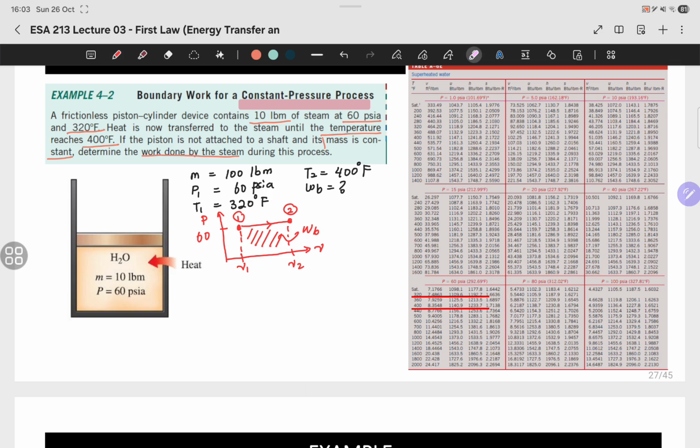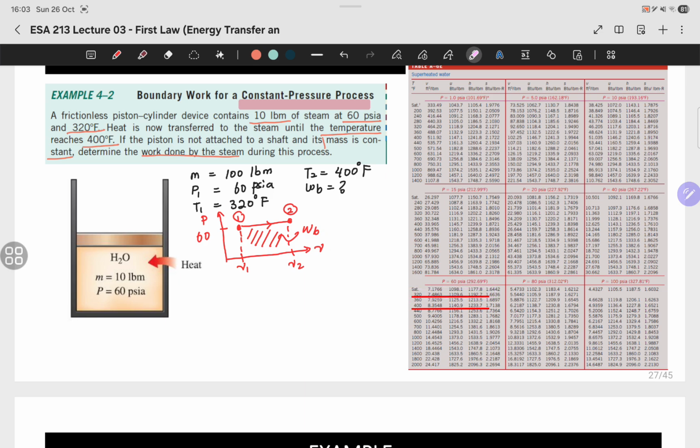Take a look at the table. First of all, we need to find P equal to 60 psia, which is here. Then we look at temperature 320 Fahrenheit, which is here. I already highlighted the value.